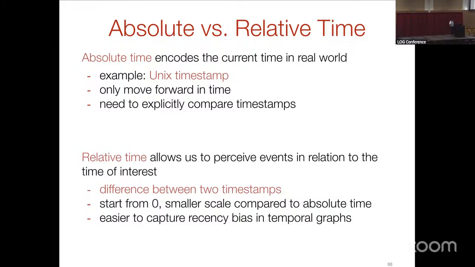So the relative time allows you to start from zero. It's kind of a normalization. And this is very easy for you to capture recency bias, because you look at when is my time of interest, like today, and then compare that with a past timestamp, and then you can compute the relative time difference.